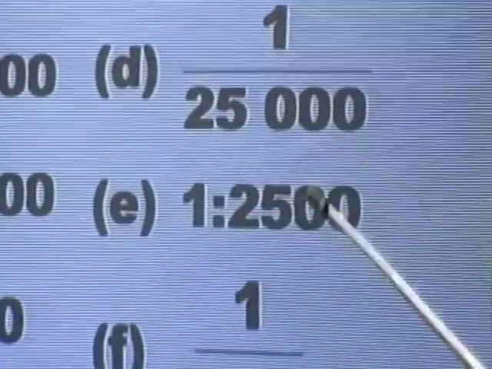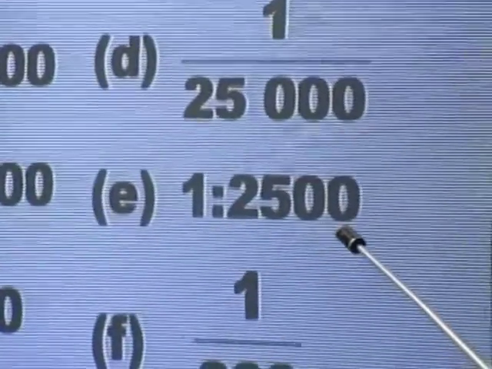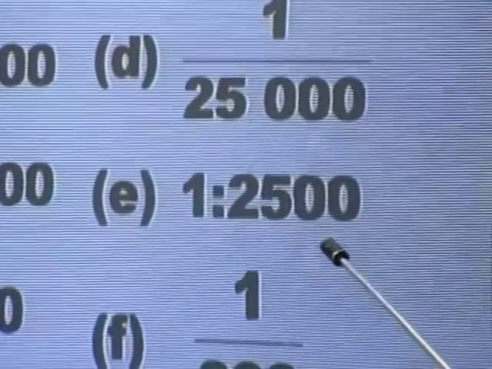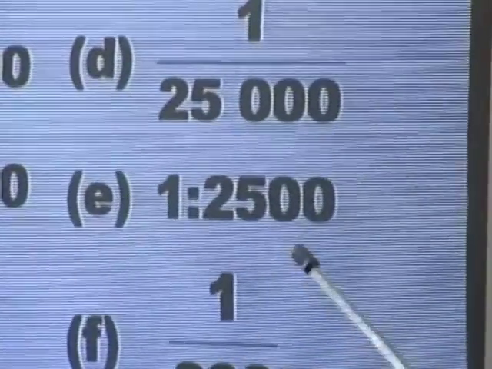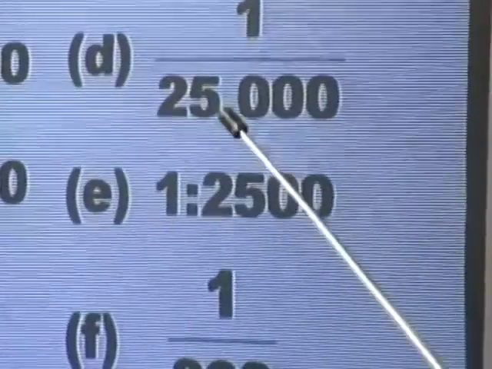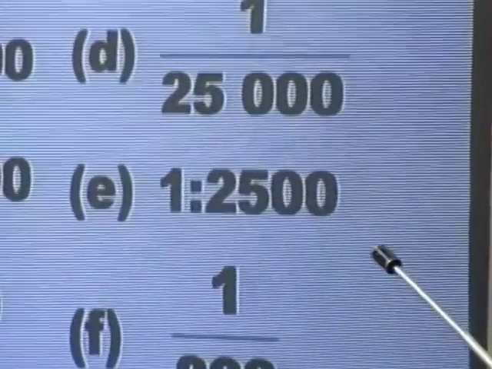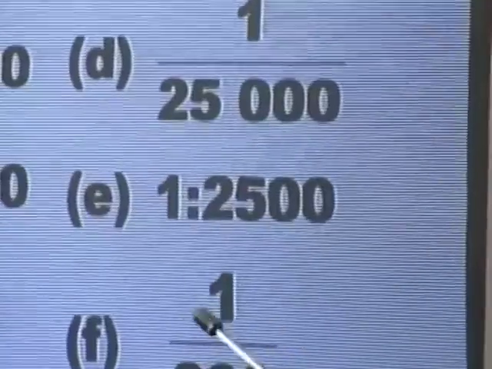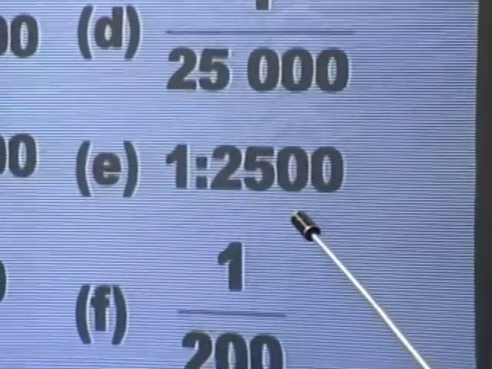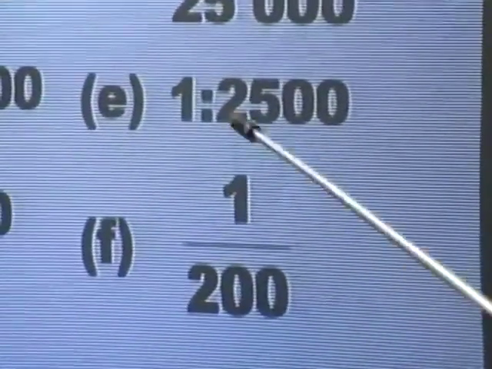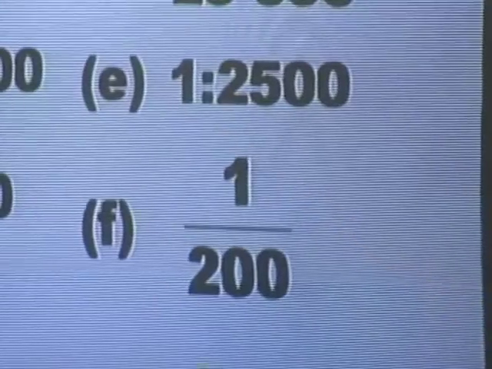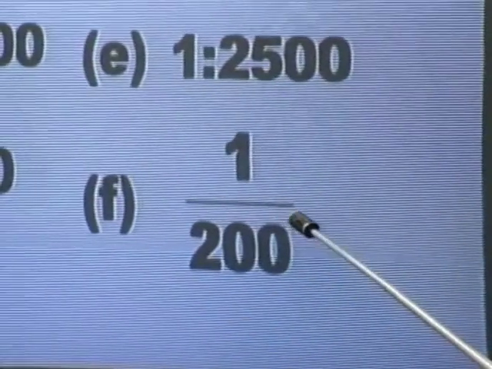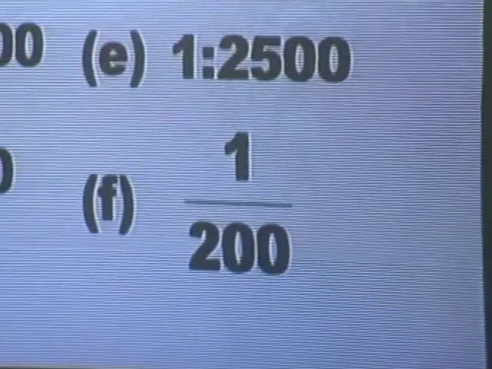The next one, 1 is to 2,500. Or if you say 2,500, that will still be okay. And finally, 1 over 200, or if you did say 1 is to 200, that will still be correct.